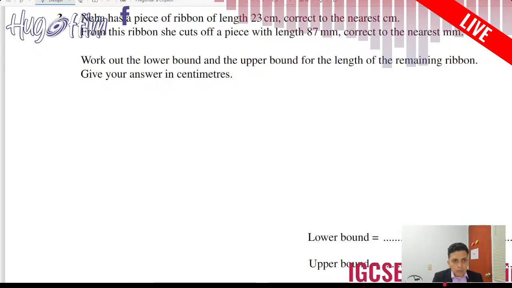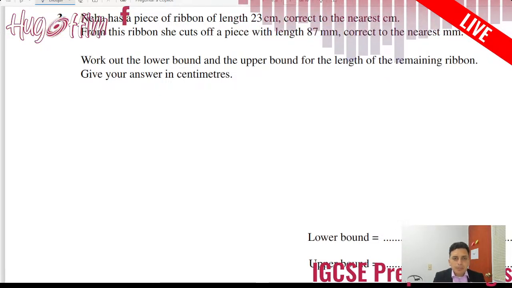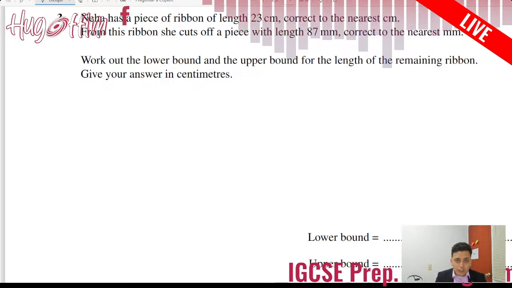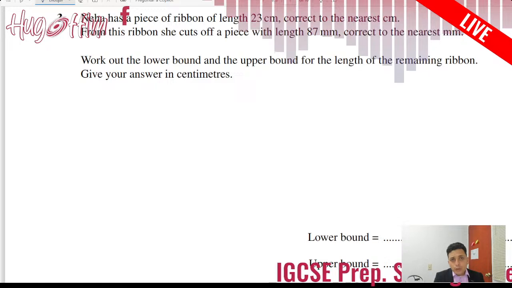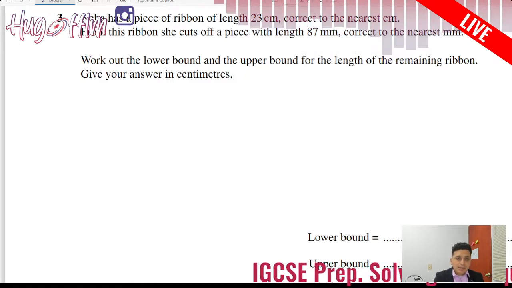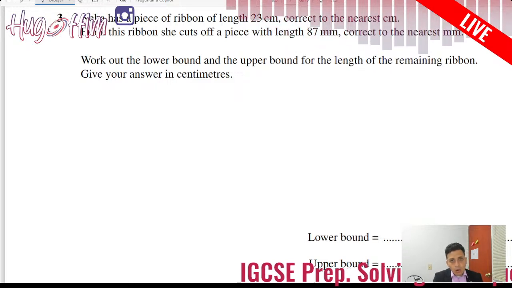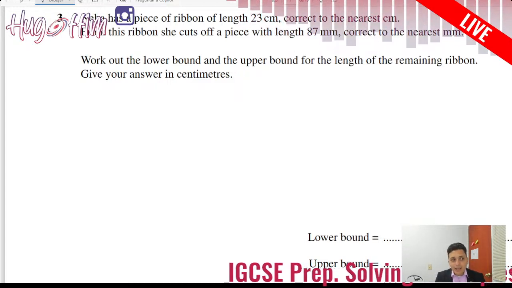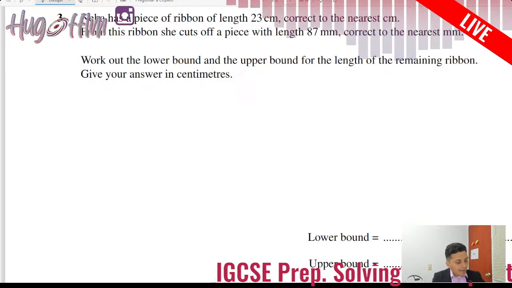Okay, so we're going to work out the lower bound and the upper bound of the length. What you need to understand about upper bounds and lower bounds is that when you have a measurement, you actually have an interval in which this measurement is valid, because all measurements have an error.